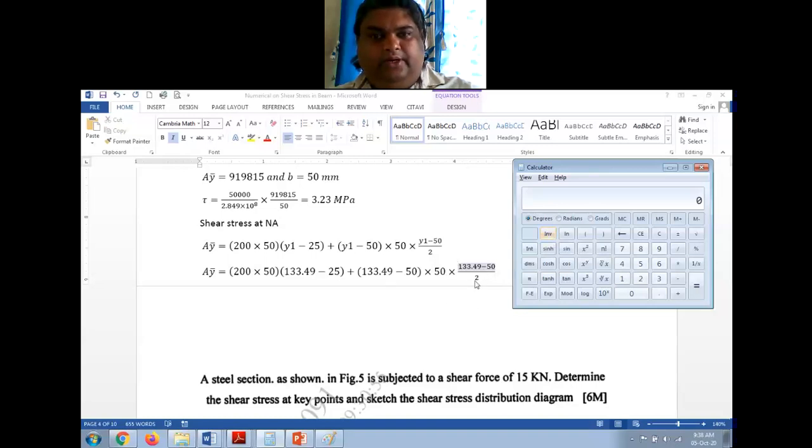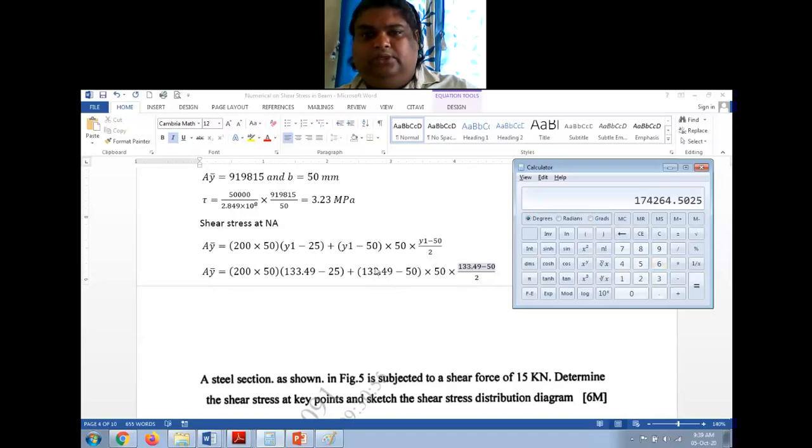Okay, I'll do this part first. 133.49 minus 50 is 83.49. This will also be same value, right? So I'll just square this into 50 divided by 2.